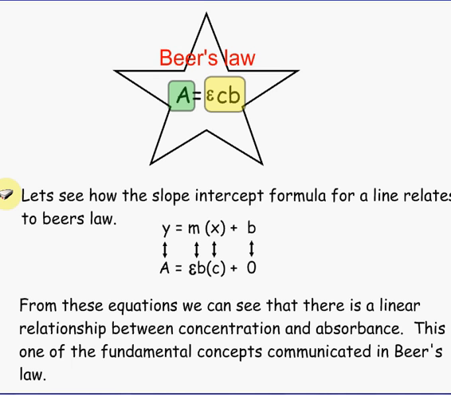So from these equations, we can see the linear relationship between the concentration and absorbance. This is one of the fundamental concepts communicated in Beer's law and why it is so very useful.